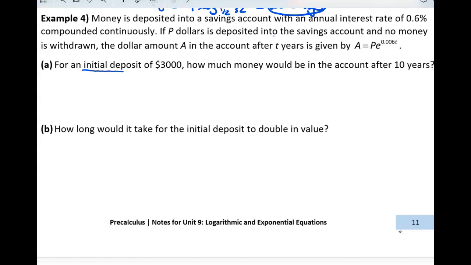So for an initial deposit of 3,000, that's the value of P. How much money would be in the account?